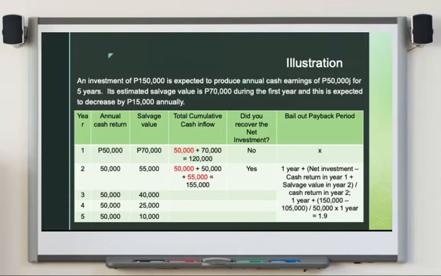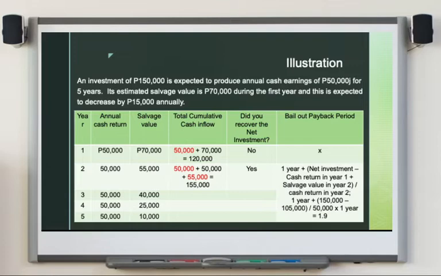Okay, let me repeat that one. We first deduct the 50,000 from the first year, the annual cash return from the first year, and therefore we will arrive at a remaining balance of 100,000 to be recovered for the second year.